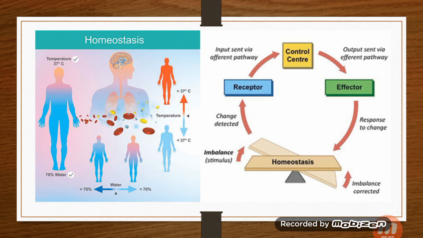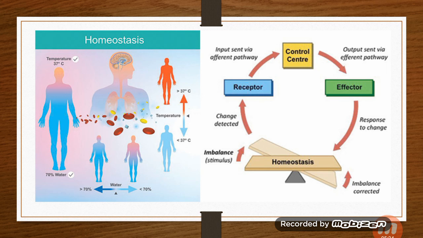These sensors would send information to the control center, which is the brain or the hypothalamus. And the brain would send information to the effectors, which are different organs of the body, for example, the muscular organs.